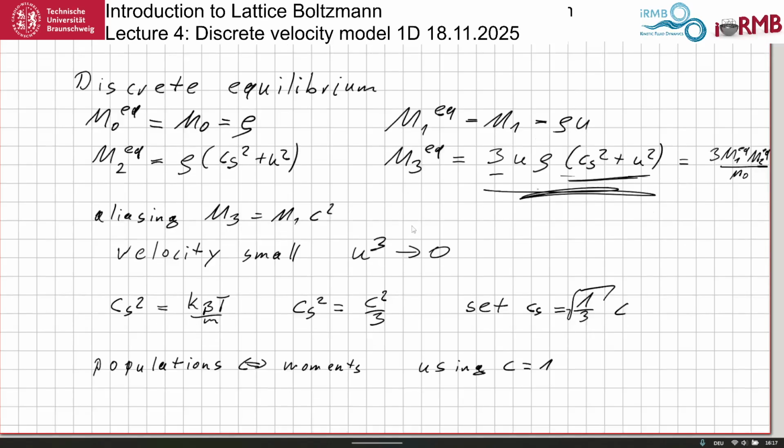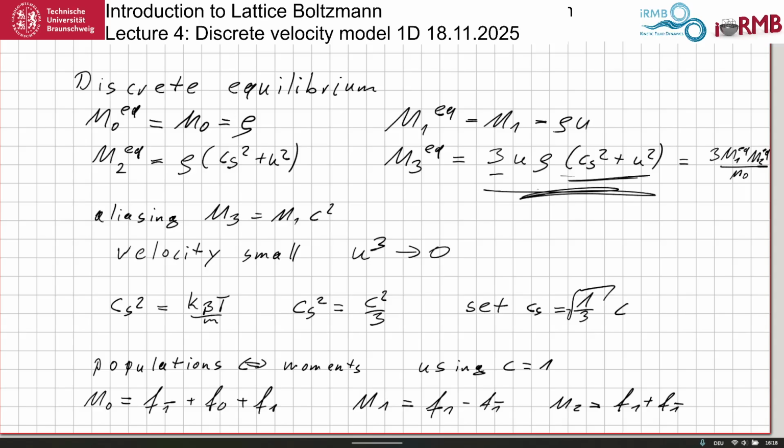So we've seen that M0 is f minus 1 plus f0 plus f1. M1 is f1 minus f minus 1, and M2 is f1 plus f minus 1.